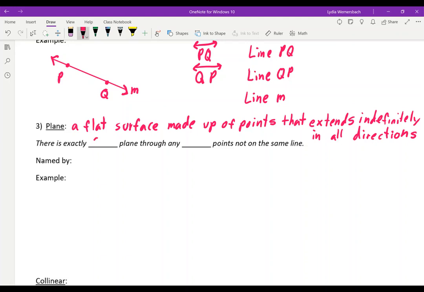So there is exactly one plane through any 3 points. So similar to a line, but a little different because it's 3 points.